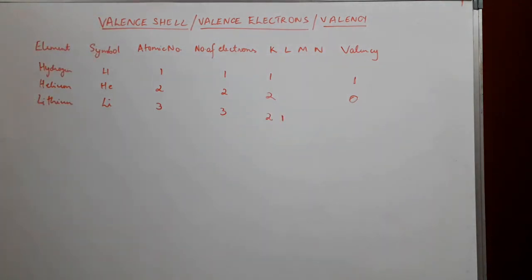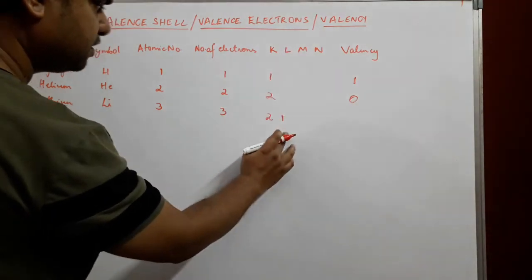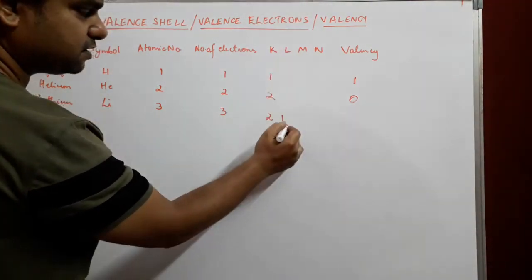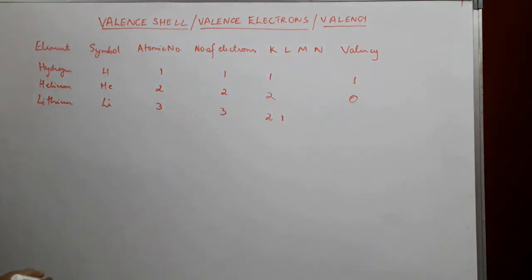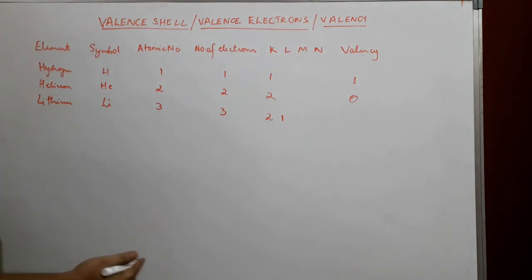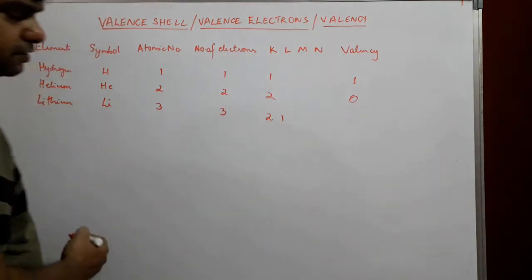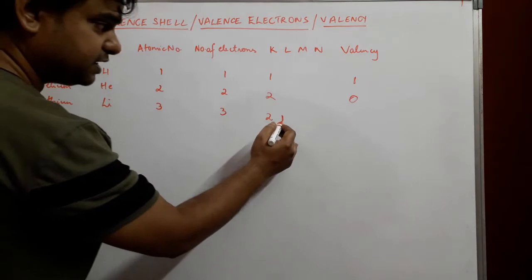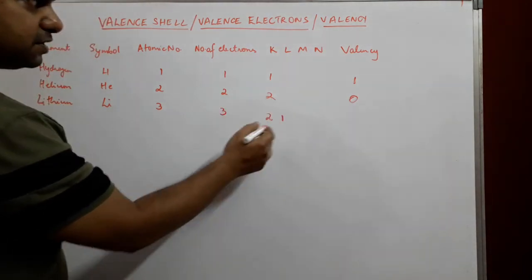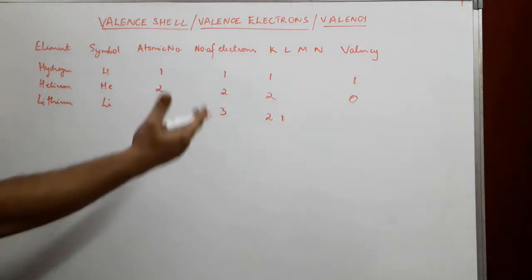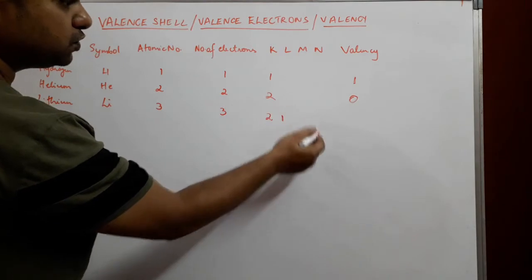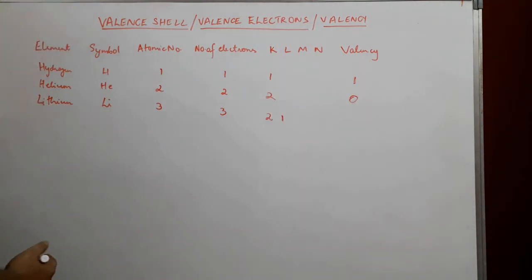Now in this case, lithium needs, see this shell, that is the L shell, has space available for 8 electrons and we have occupied it with only 1 electron. So either it can gain 7 more electrons to fill up this shell and gain the stable configuration, or it can look to lose the 1 electron that it has got.